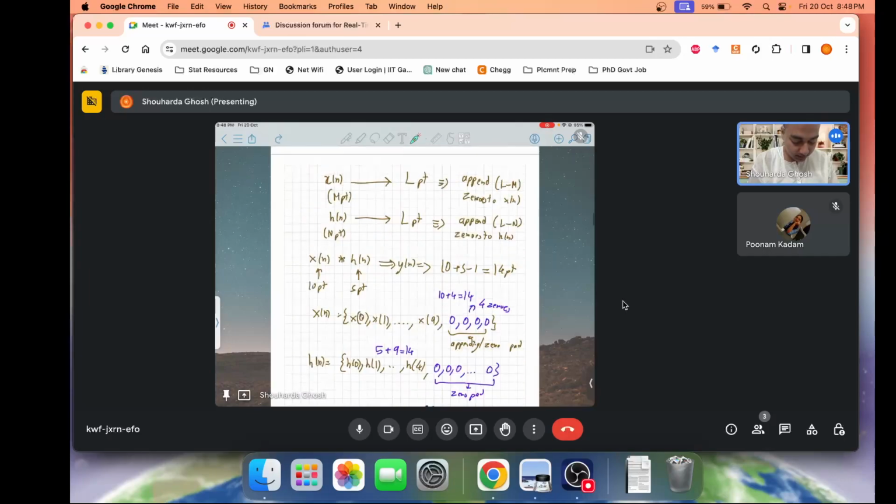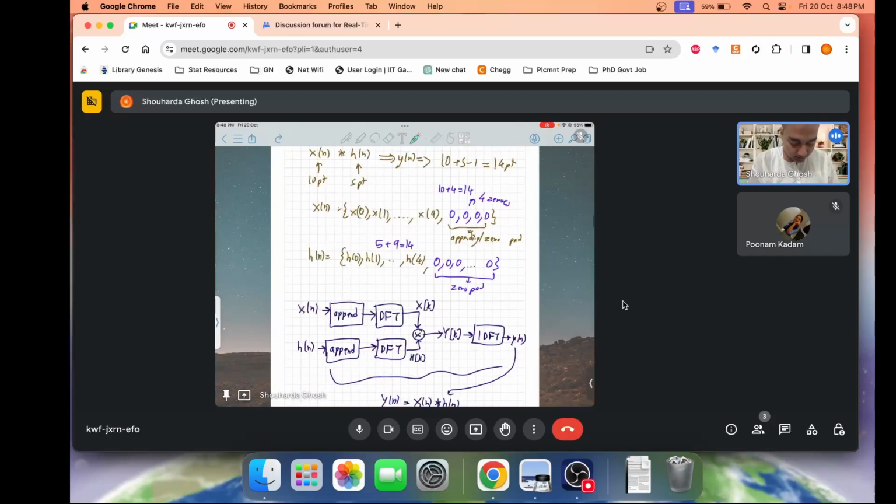Now once you make them L-point, you take x of n, append zeros, take the DFT, same thing you do with h of n, you multiply the two DFT sequences, and then you take the inverse DFT, and you get y of n. But then the y of n that you get back from the IDFT will not be the same as linear convolution.